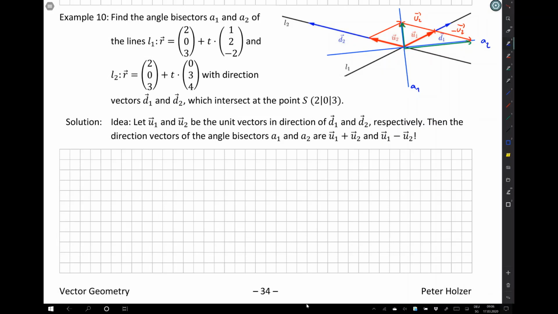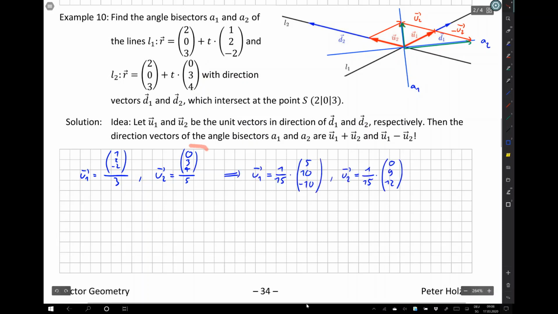So we have to perform now the corresponding calculations. The u1 vector is hence this direction vector divided by its length, so divided by 3, and the u2 vector, this direction vector, divided by its length, divided by 5. We could now calculate directly with these vectors, but to simplify our additions, we reformulated the two vectors as 1/15 times a vector.